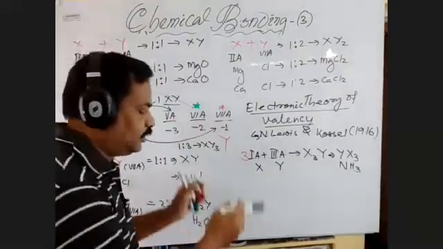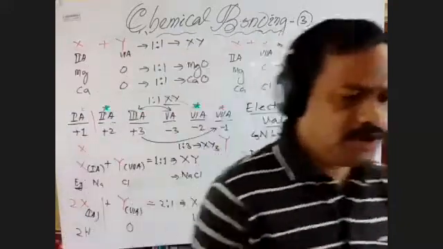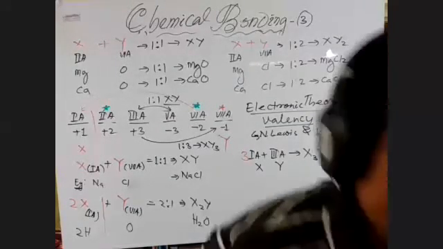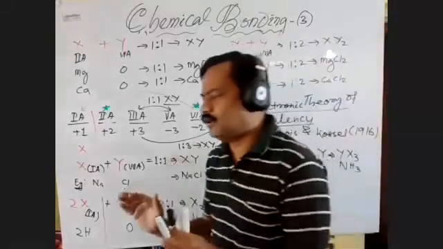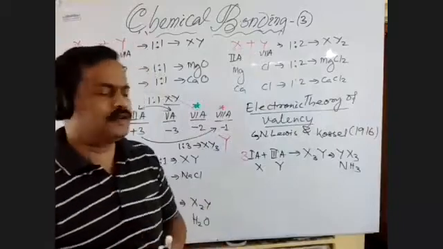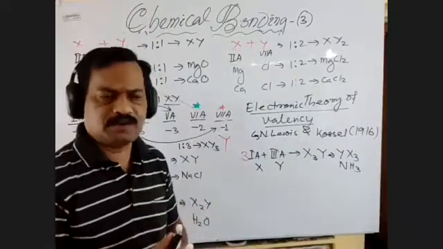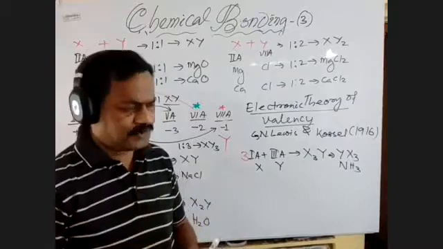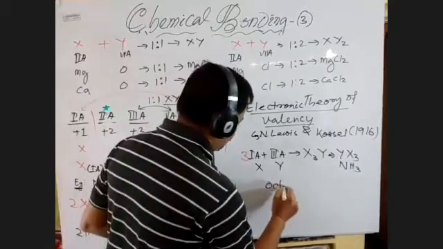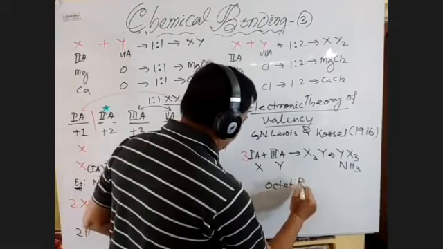So from this, you can understand that every element requires either 8 electrons in its outermost shell or 2 electrons in its outermost shell. From this, the rule prescribed is what we call the octet rule.